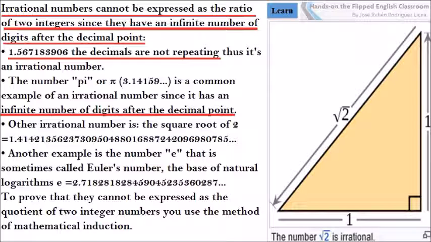Another irrational number is the square root of 2, equals 1.4121350623704088016887242096980785. Another example is the number e, that is sometimes called Euler's number, the base of natural logarithms. e equals 2.71828184590452353602887. To prove that they cannot be expressed as the quotient of two integer numbers you use the method of mathematical induction.